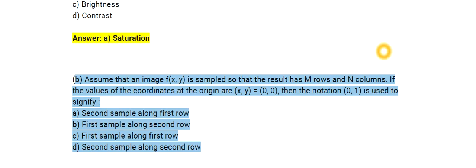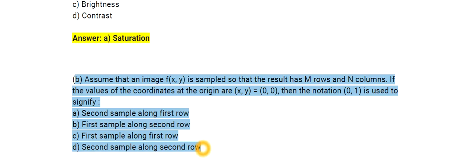If the values of the coordinates at the origin are (x,y) = (0,0), then notation (0,1) is used to signify option A, second sample along first row, option B, first sample along second row, option C, first sample along first row, option D, second sample along second row.